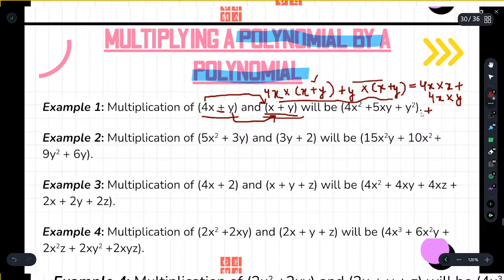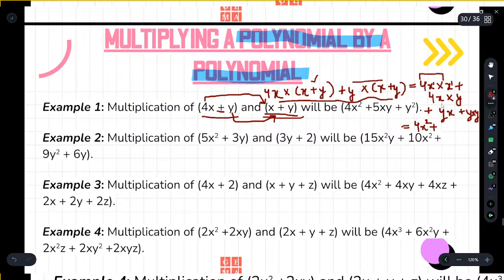Plus y into x plus y into y. Right? Okay, let's move on next. Solve this further. 4 into 1 will be 4, and adding the individual powers, we will get x square. Right?